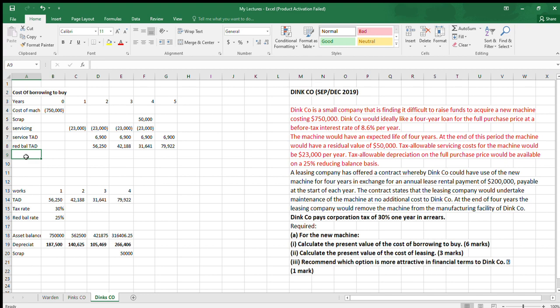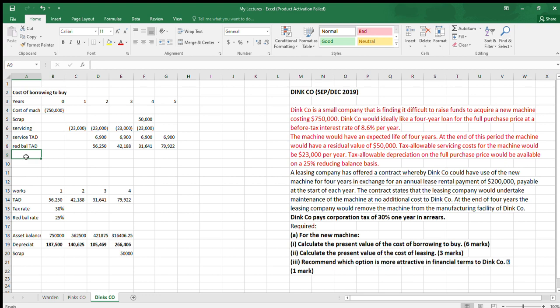Mind you, the tax allowable depreciation is the same procedure as financial reporting when it comes to the reducing balance method. We also have the straight line method. It is the same thing: the initial cost minus the scrap value divided by the total number of years. So you don't have to panic.